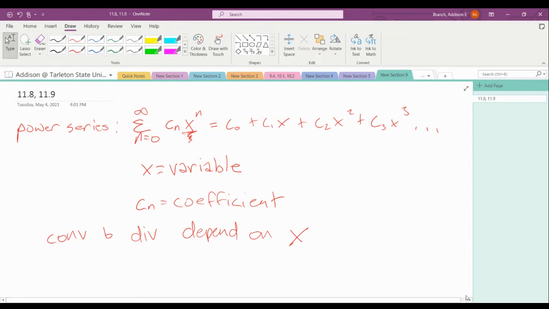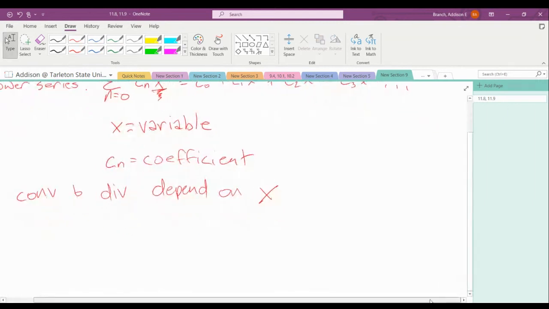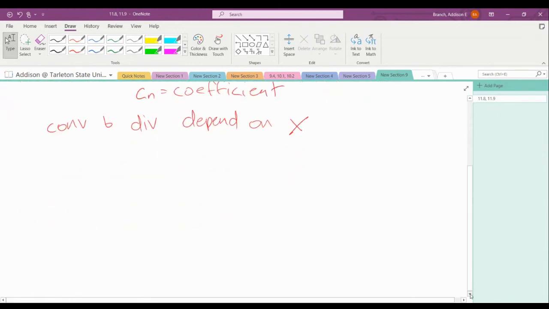Before we move in, let's move down. There's also a couple other forms where you could see this, but they're all just the same basic idea.